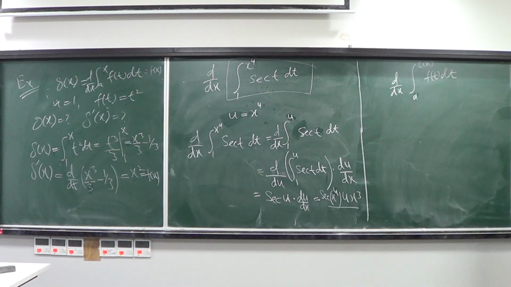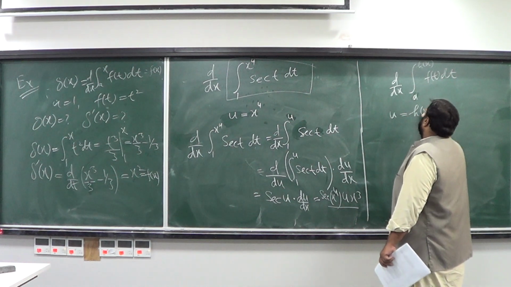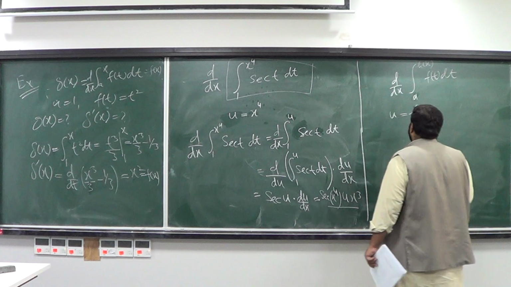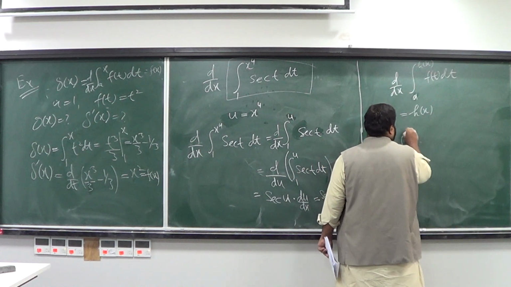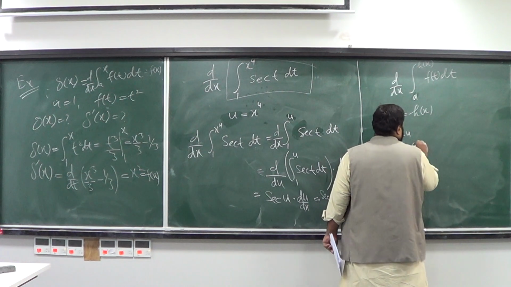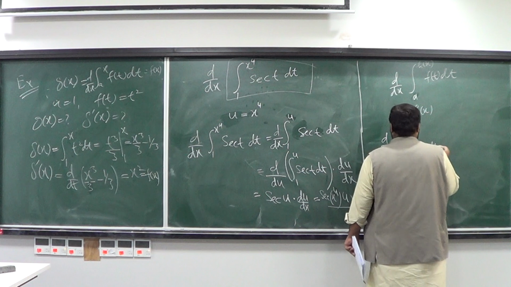What are you going to do? The same: let u be h of x, then this d by dx will become the derivative of the integral from a to u of f of t dt.